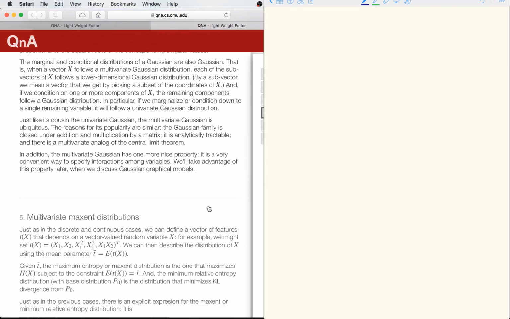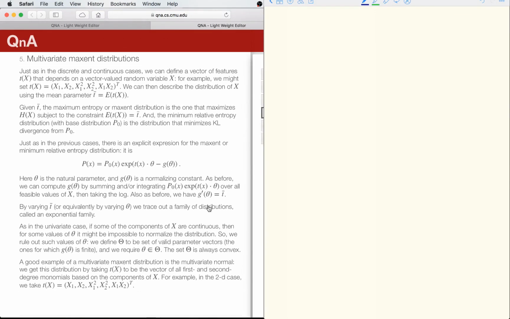All right, so the third way that I wanted to mention was to make a Maxent distribution. Just like with the univariate, discrete, and continuous cases, you can define a multivariate Maxent distribution. It can be mixed, discrete, and continuous. And again, it works almost exactly the same. You define a vector of statistics, we'll call it t.